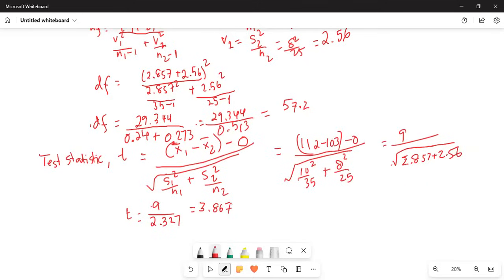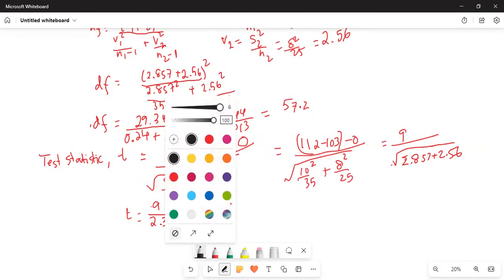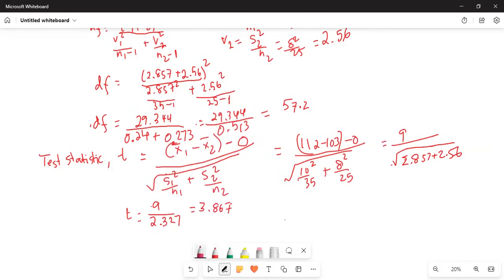Remember, this is a right tail test. So my degrees of freedom I know. Let's draw the picture of the t distribution with 57.2 degrees of freedom. I'll create some space for myself, and change the color of the ink too.